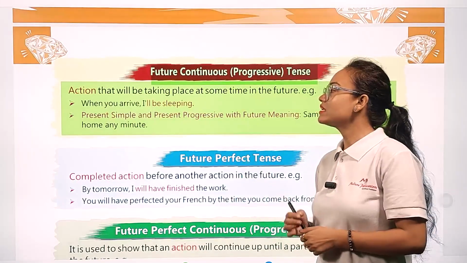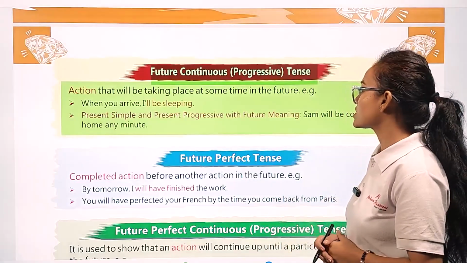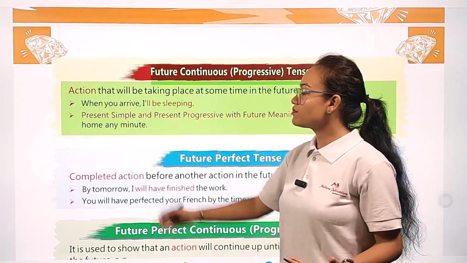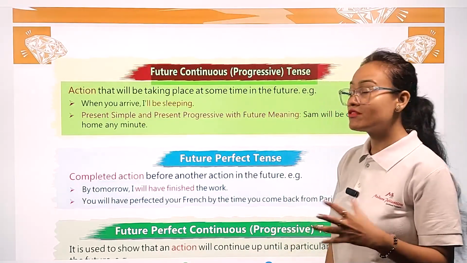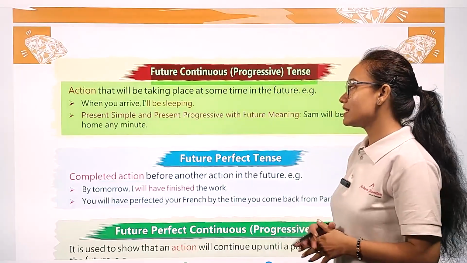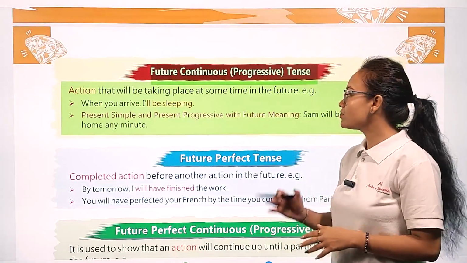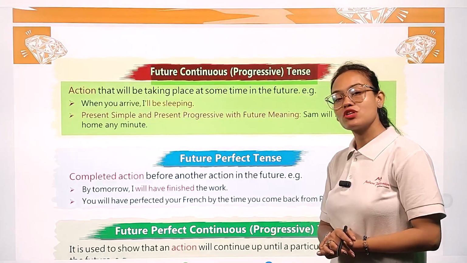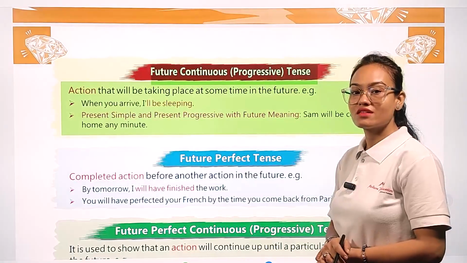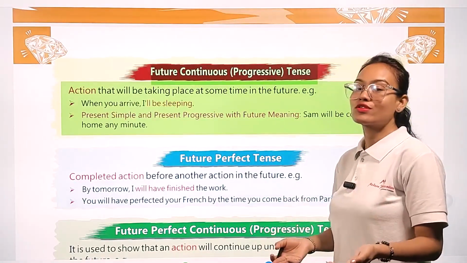Similarly, present simple and present progressive with future meaning. Whenever, my dear student, we use the simple present tense and present progressive, it can show a future meaning. Example, you can say, Sam will be coming home any minute. This is present and this is future also.